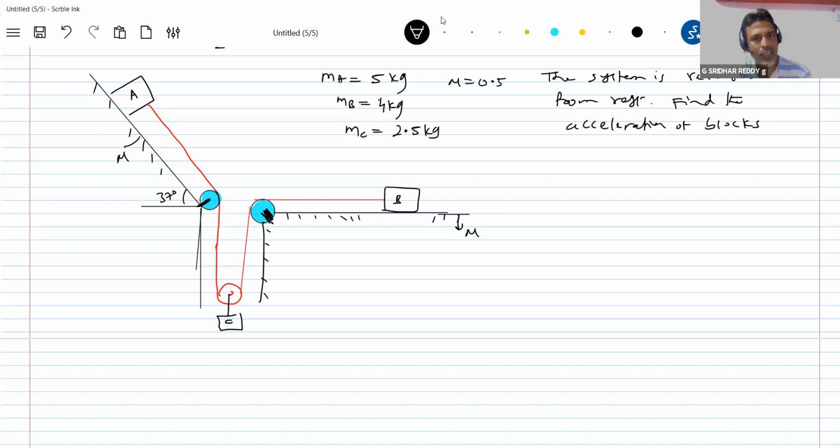Carefully analyze, you have to be very careful here. The mu for the inclined plane and the block is 0.5.